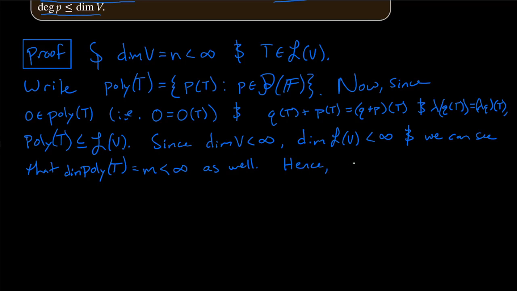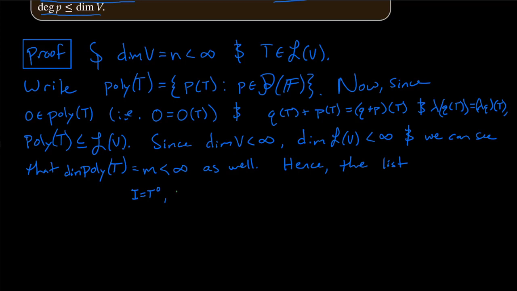Hence, notice now, since this is an m-dimensional space, the list, I'll write it like this, I, which is just t to the 0, I'll note that out.